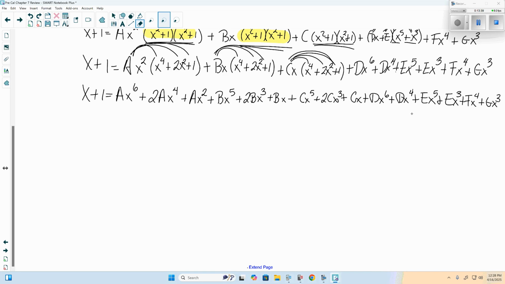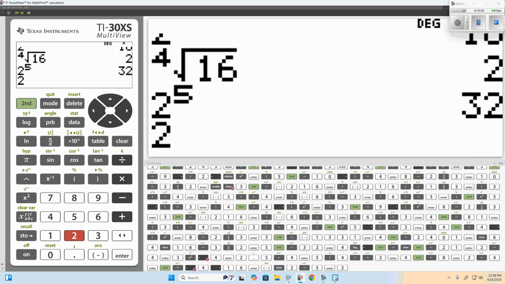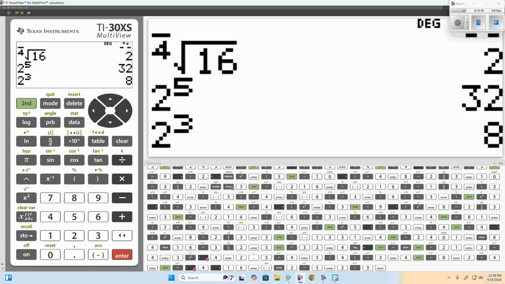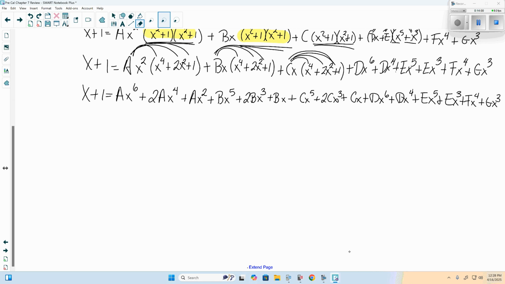No. And if we added them, because 2 to the 5th is this, 2 to the 3rd, I'm just picking two numbers, is this. If we added the exponents, which would be 2 to the 8th, which is 256, 32 and 8 won't get us there. We just can't combine them, unfortunately. But that is all the multiplication that we're doing.